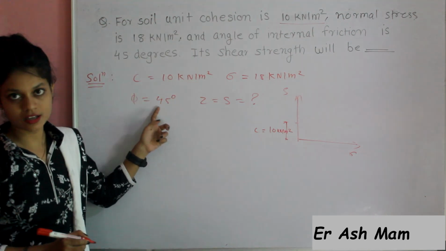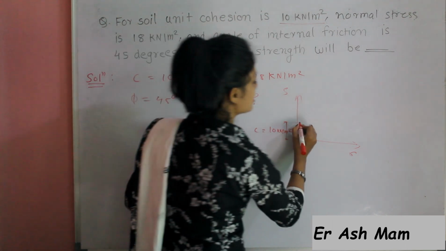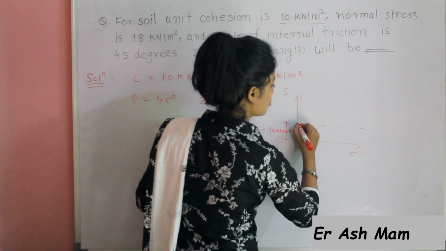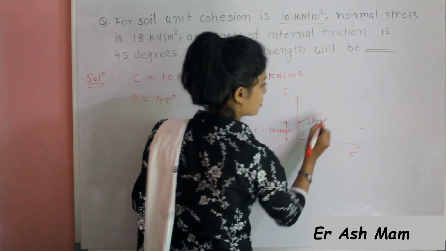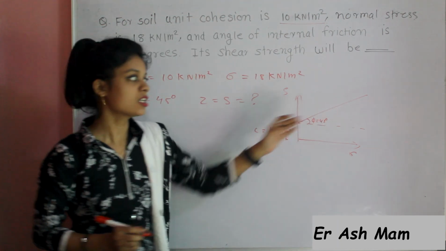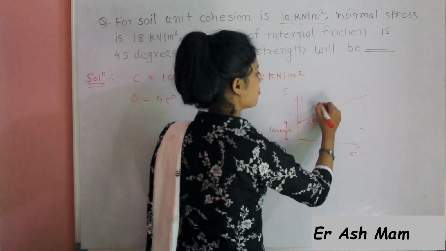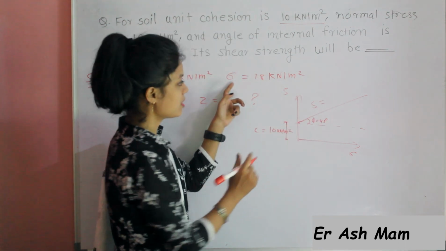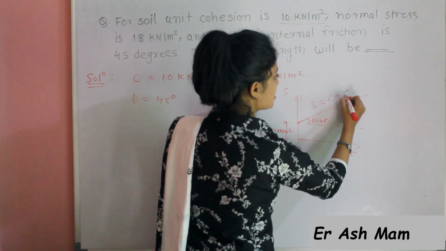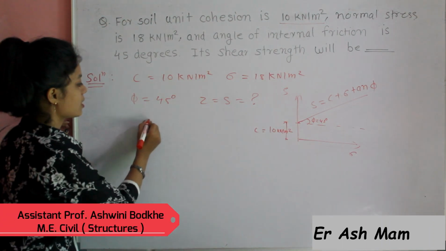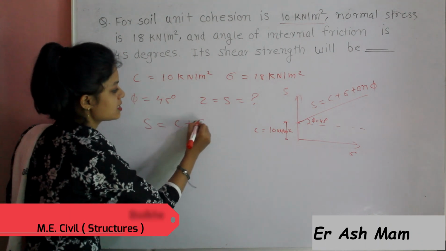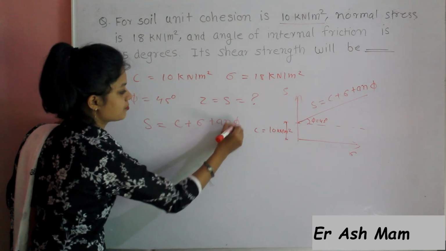Angle of friction is 45 degrees, that means this angle with respect to horizontal is 45 degrees, phi equal to 45 degrees. This inclined line's equation is S equal to C plus sigma tan phi.